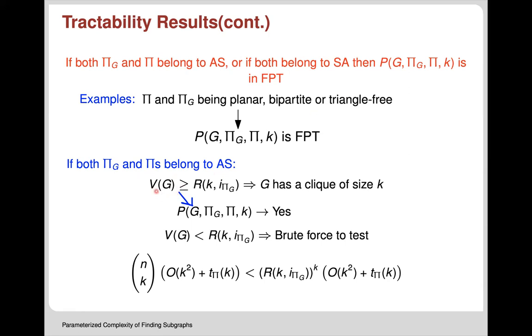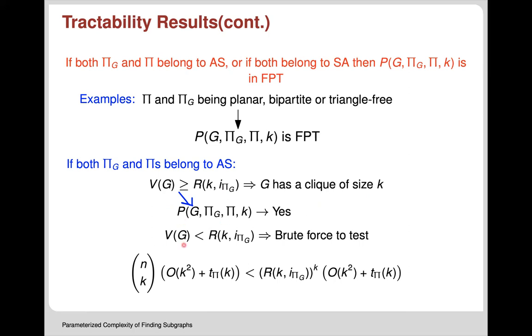You can see that if the size of my graph G is more than R of K and I of pi g, then G either has a clique of size K or an independent set of size I of pi g. But as we know, this property pi of G is AS, so it does not have an independent set of size I of pi g. That means G has a clique of size K. So in this case, we just return yes.